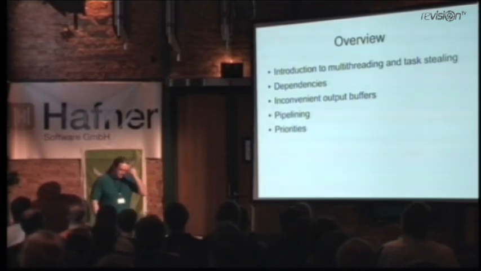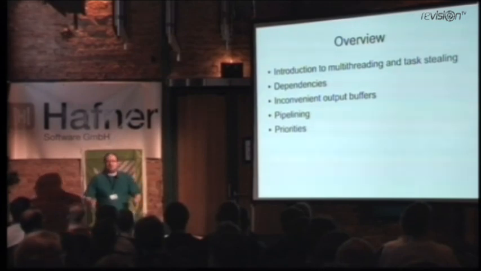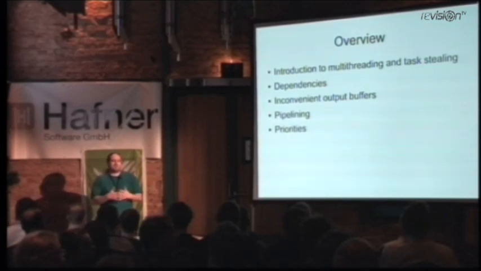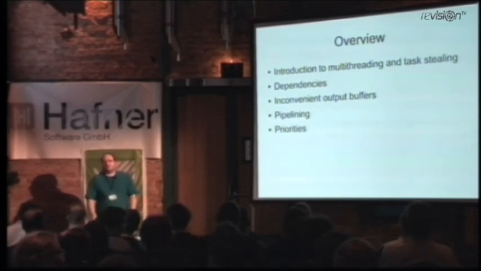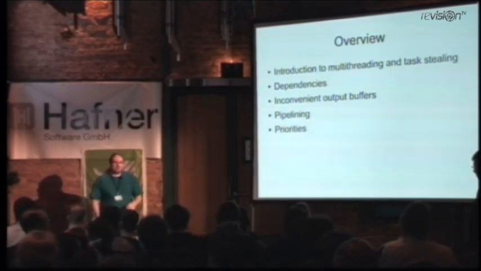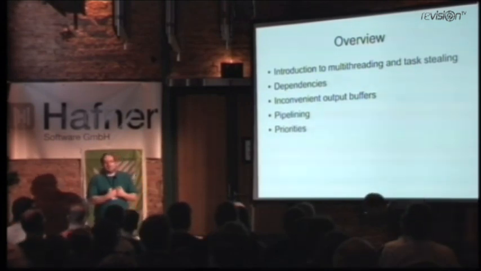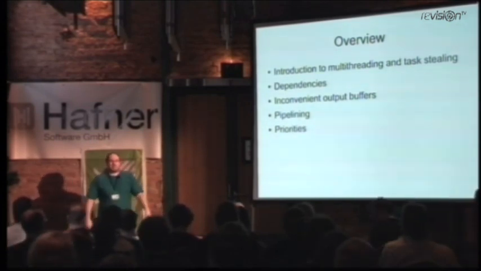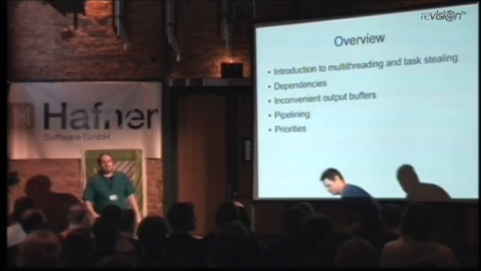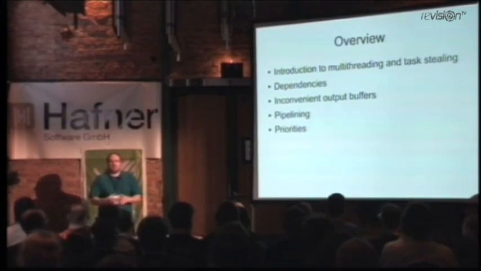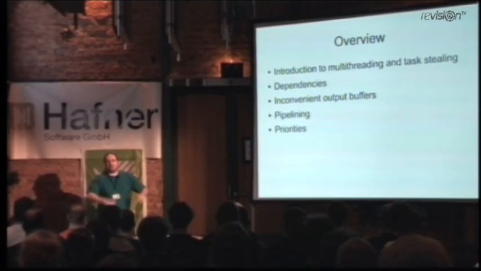Why multithreading? Multithreading for graphics is, of course, multithreading for speed, because we are primarily interested in making our applications run faster. So if you create a bunch of threads, things don't automatically get faster. They only get faster if you have actually multiple cores running there.